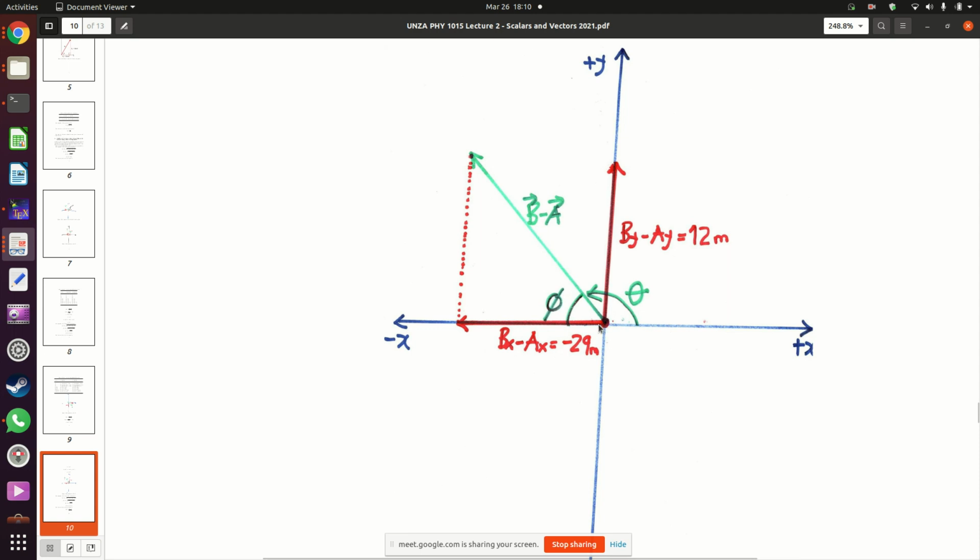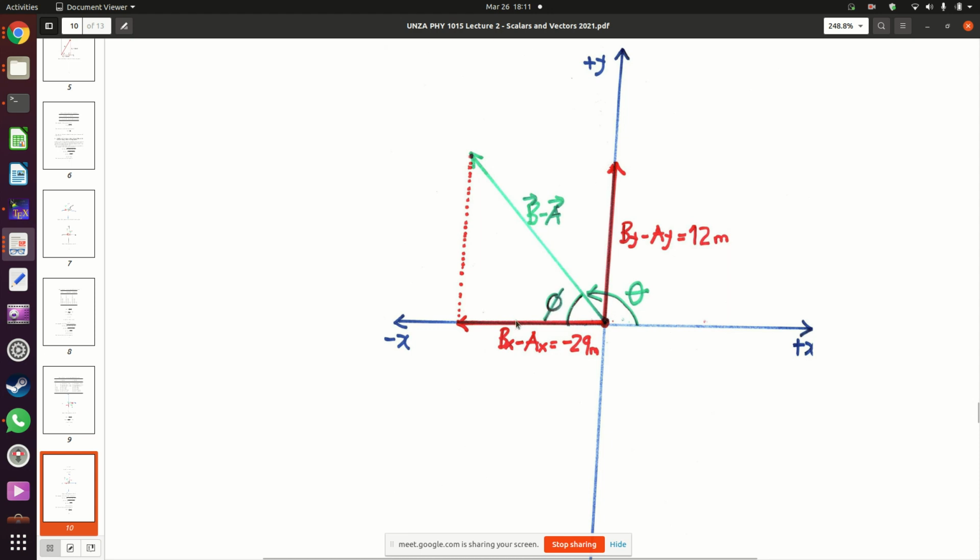So if you look at the x-axis, which is minus 29 meters, along the y-axis 12 meters, then we have got the hypotenuse here, which is 31.4 meters. We have a triangle in this space. So we need to work out what is this angle of the triangle, and that is the phi.